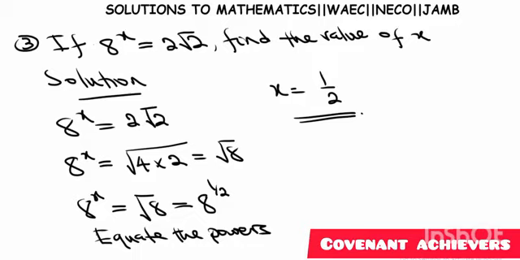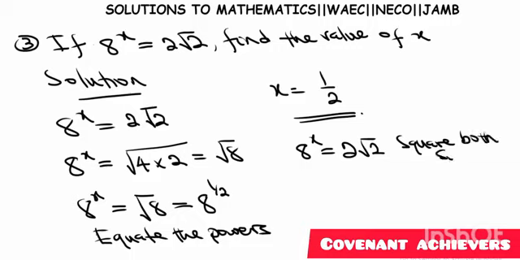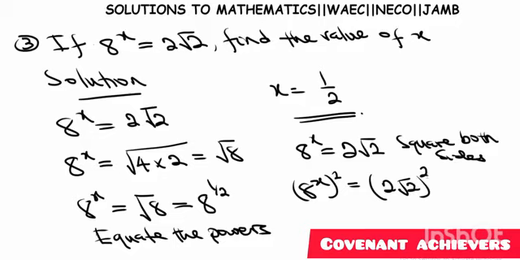The other way you can solve it is, you can as well say that 8 raised to the power x equals 2 root 2. Then you say square both sides. So when you square both sides, what are you going to have? We are going to have 8 raised to the power x, all raised to the power 2, equals 2 root 2 raised to the power 2.